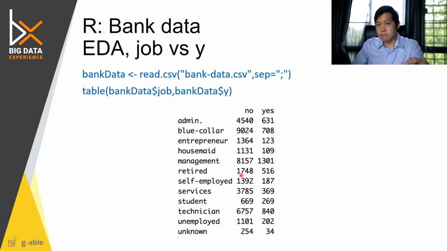Because it's 1700 and 500, so this is 3 to 1. If you are a housemaid, this is 10 to 1. So there are differences. You can see the differences in the odds between different jobs, and this indicates an association between jobs and the chance of accepting the offer.